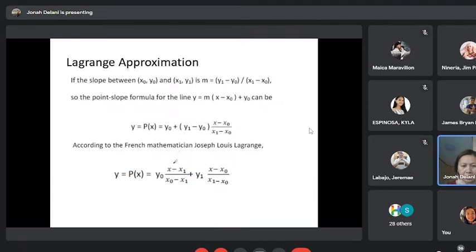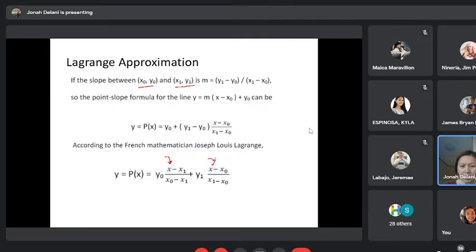If a value of x is not given in the points that are already given, we can approximate the value of y given the value of x by substituting the value of that x here.